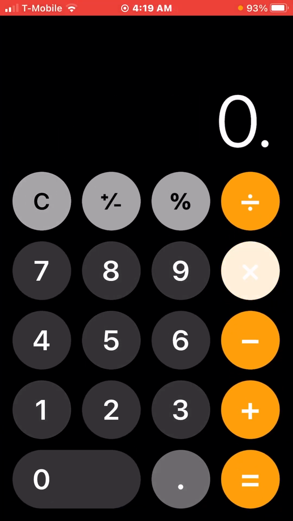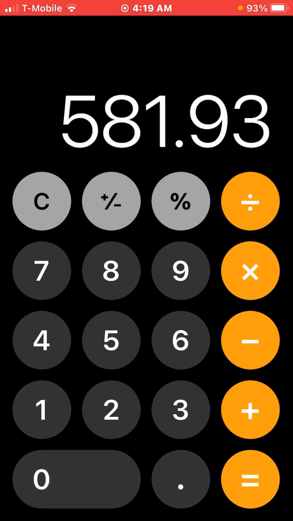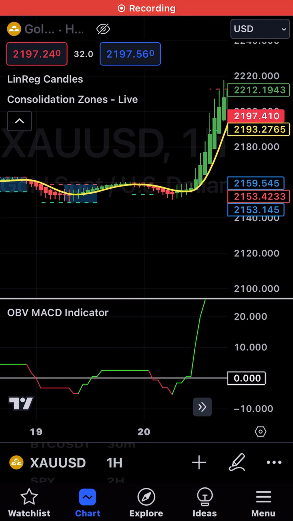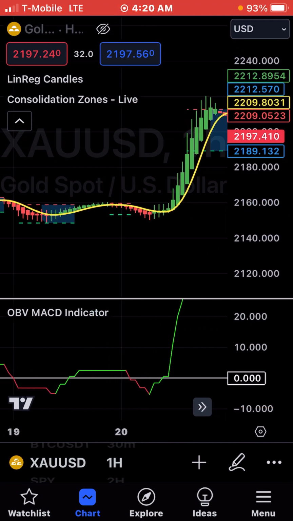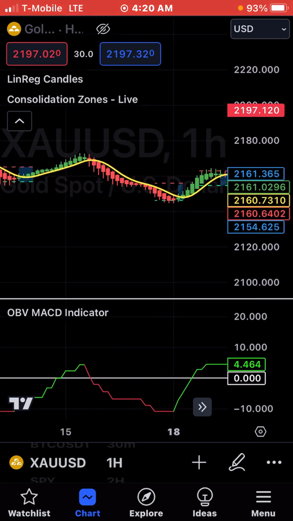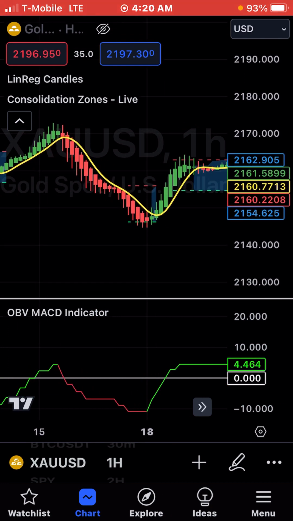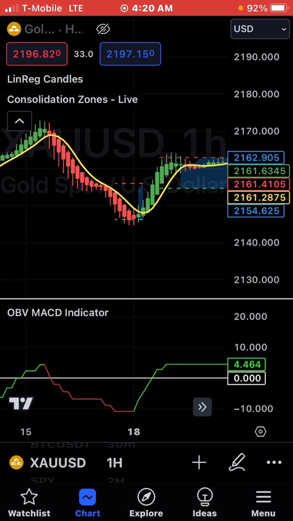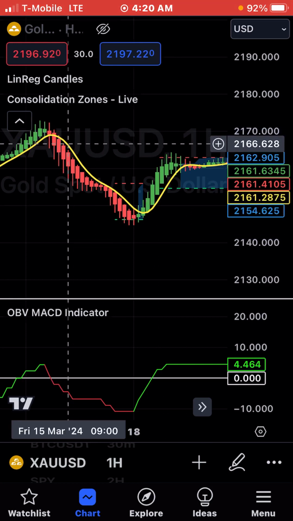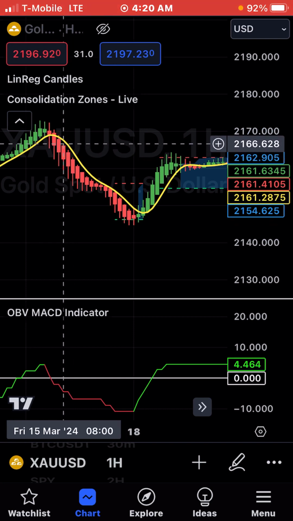58193. If you did that at a cent, you would have made $581. So there's that strategy, and you see a bunch of consolidation, and right here's an example of a downtrend. You see the red candle going down through the linear line, so you would get in probably around this candle right here.